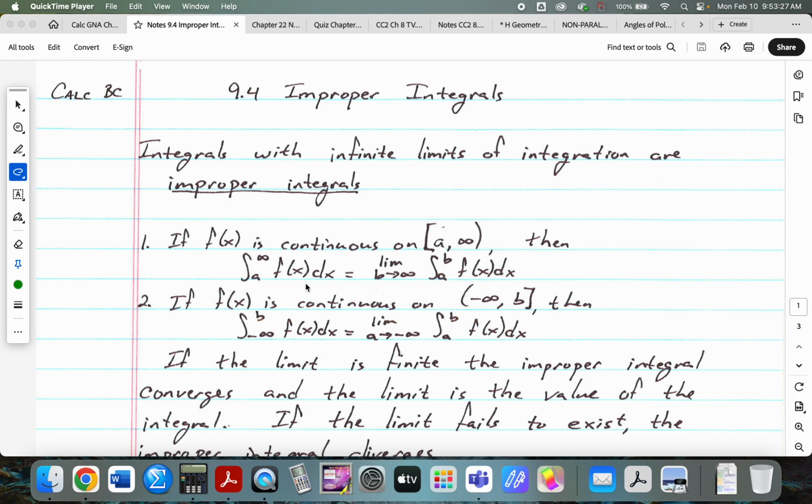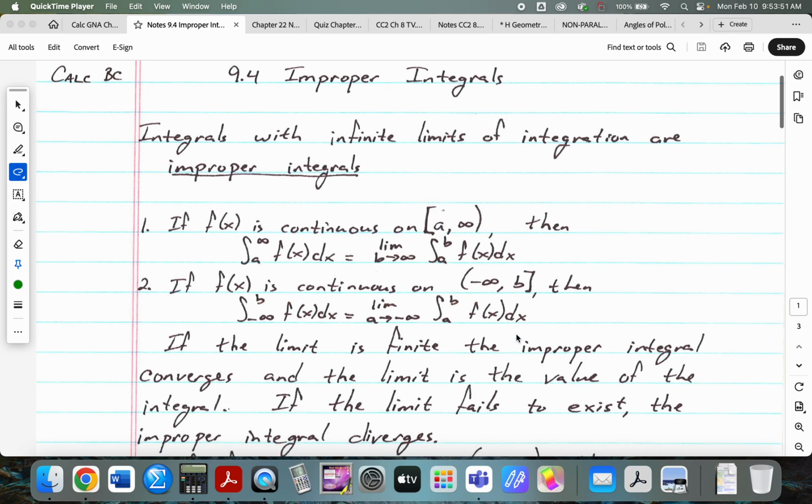And what we're going to say is that if this limit exists, this improper integral is equal to whatever that value is. We say that this improper integral converges to this value. Likewise, if the lower limit is infinite, so it's negative infinity, we can do the same sort of thing.